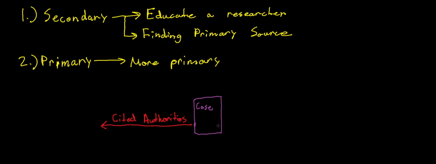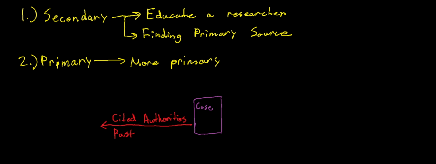So when you read a case, that case is going to cite other cases that were decided in the past that created judicial precedents that are similar to the case that is being decided presently. And so you can look up these cited authorities and you will find new cases that will also cite their own past decisions.